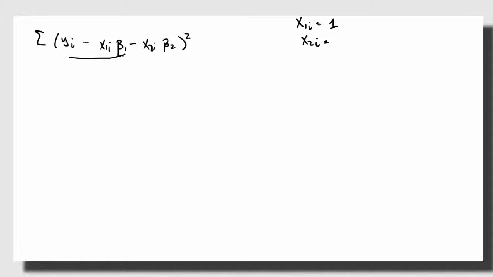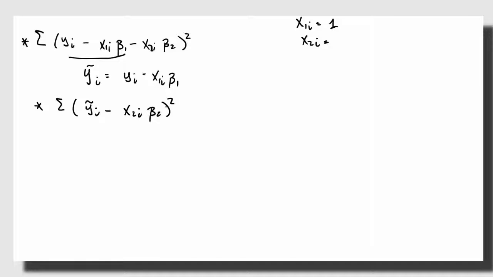Imagine if I were to just know beta 1, or fix beta 1. Then I get yi tilde, let's say, equal to yi minus x1i times beta 1. And then this equation becomes the summation of yi tilde minus x2i beta 2, squared.